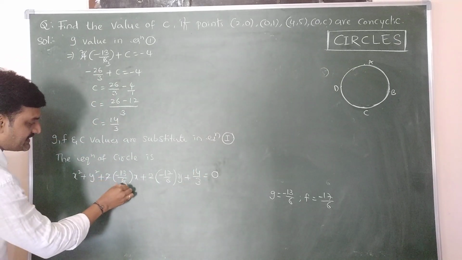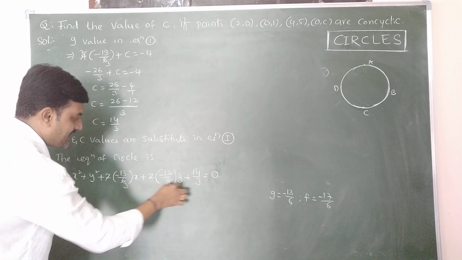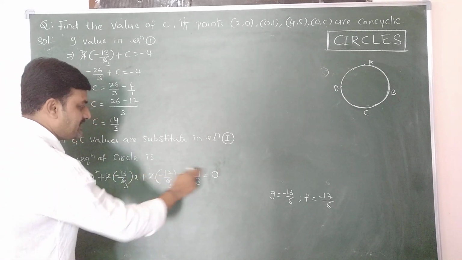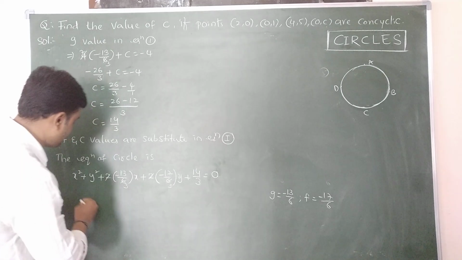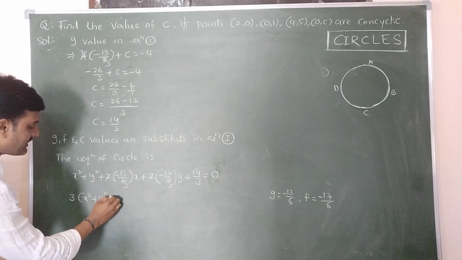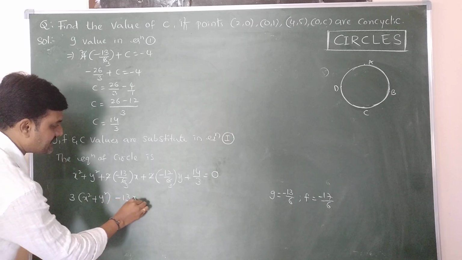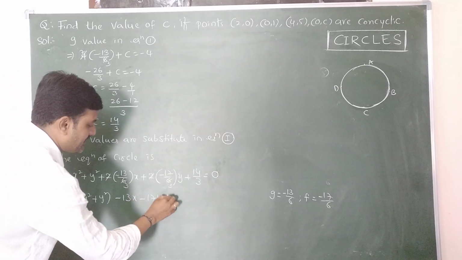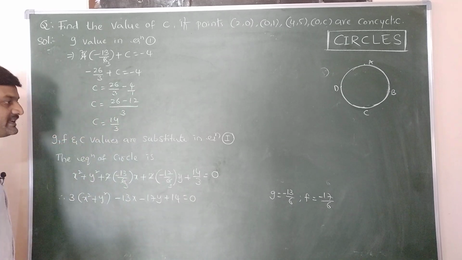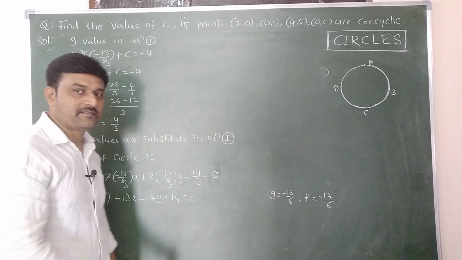All denominators are 3. Now LCM is 3, multiplying the equation by 3, we have 3 into x square plus y square minus 13x minus 17y plus 14 equals to 0. Now this is the equation of that circle.